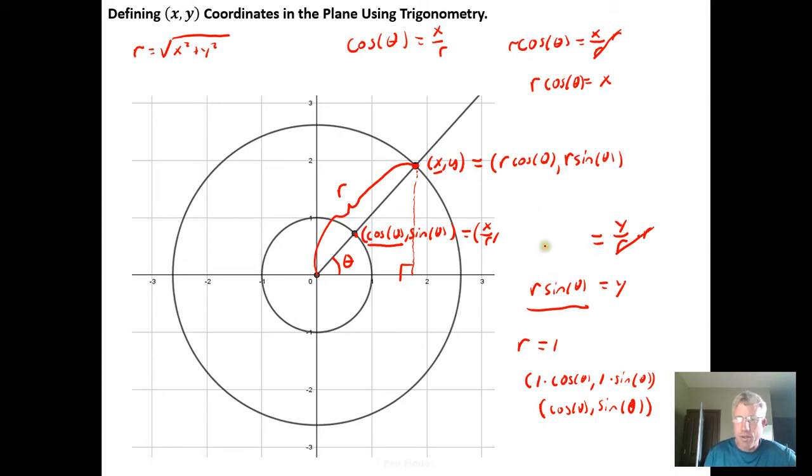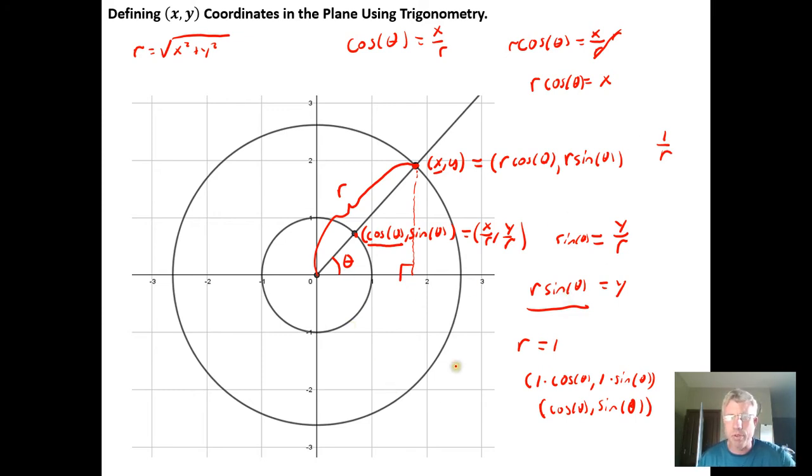From here, we saw that the sine of theta was just equal to y over r, so sine of theta can be replaced with y over r. So given any point on any circle of radius r, we can dilate it to be a point on the unit circle by multiplying the point x, y by a factor of 1 over r. It will shrink or stretch that point onto the unit circle as necessary.